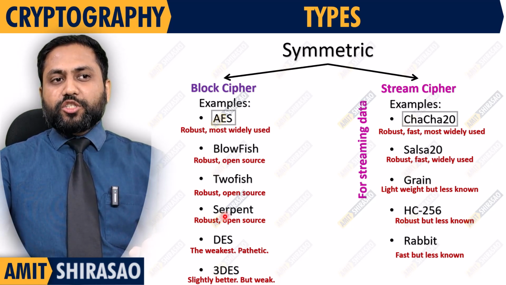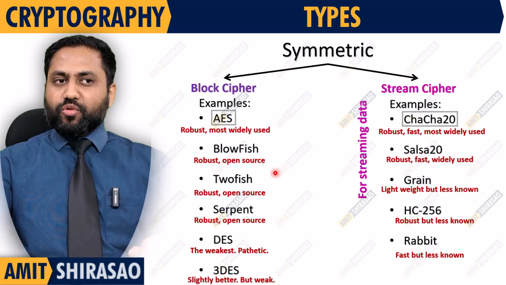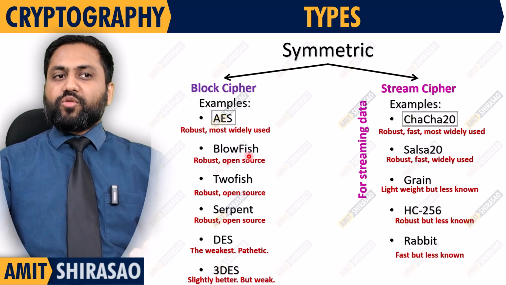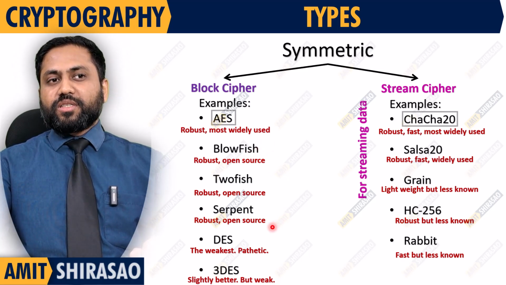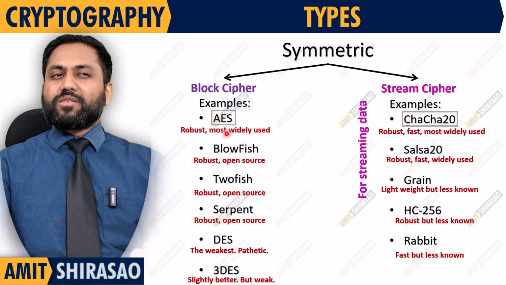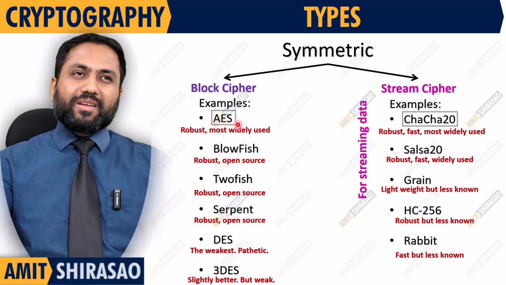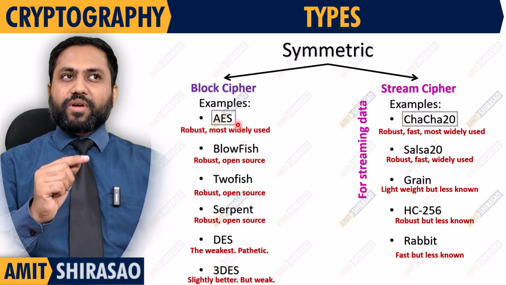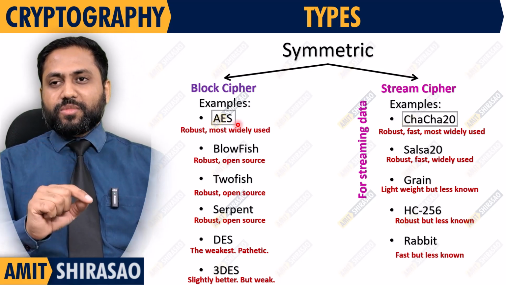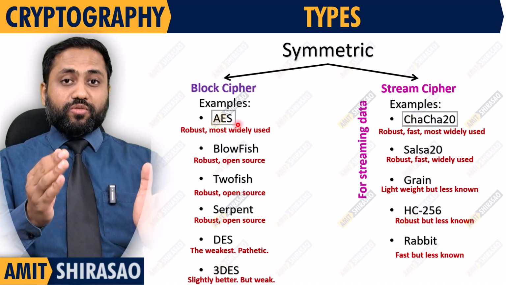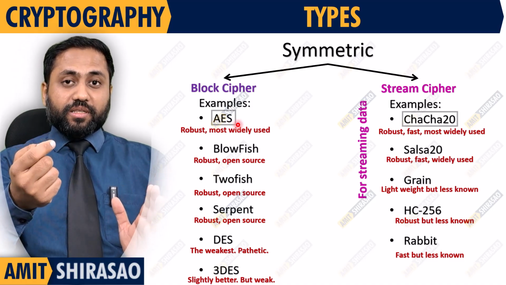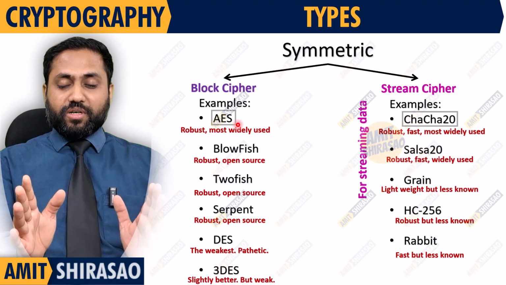Then Blowfish, Twofish and Serpent are also robust and open source. Why are people using these? Because AES was designed by the US military, and people think the US military must have put something in that algorithm, so that whatever the key is, you first send it to the US government and then do the rest of the work.